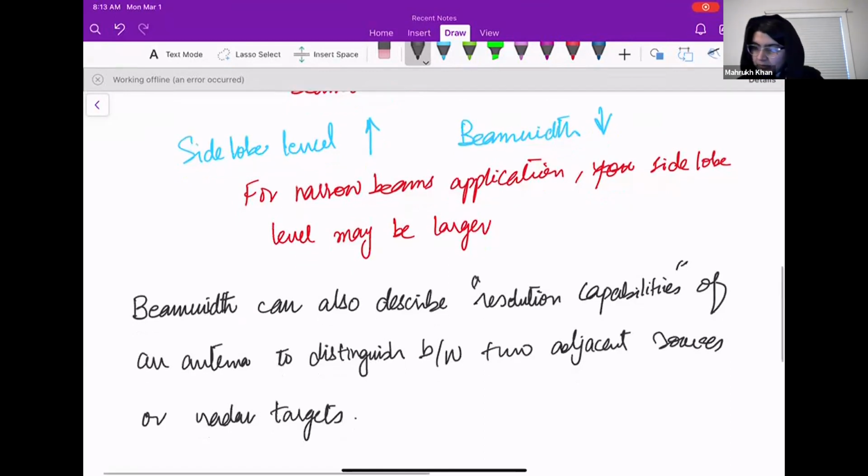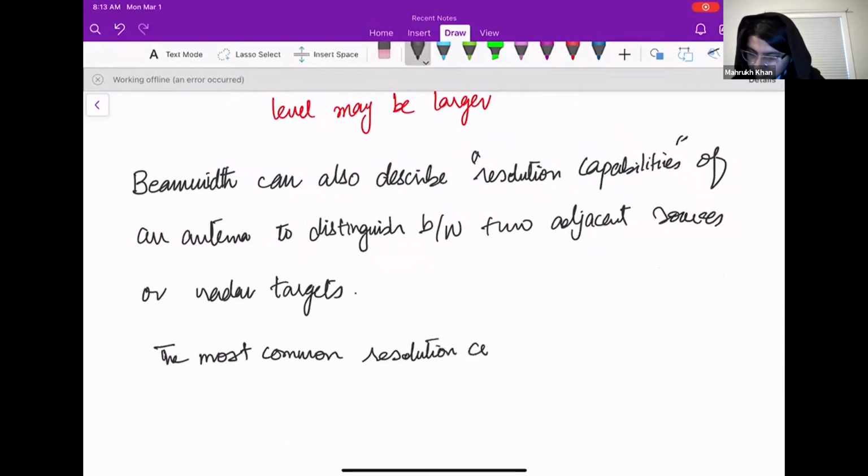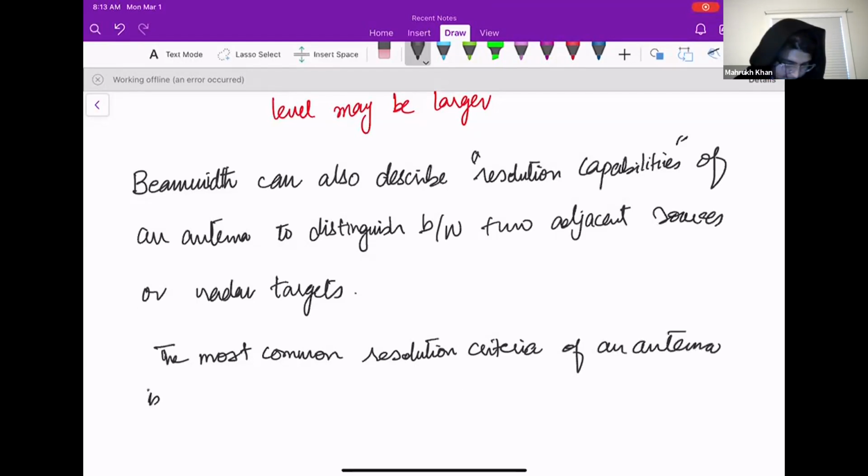Okay. So the most common resolution criterion of an antenna is the first null beam width divided by 2.